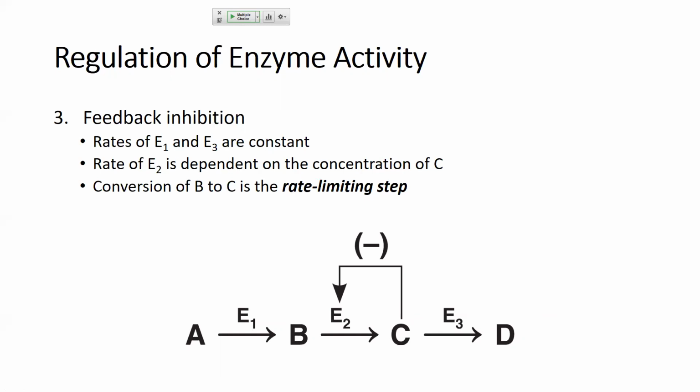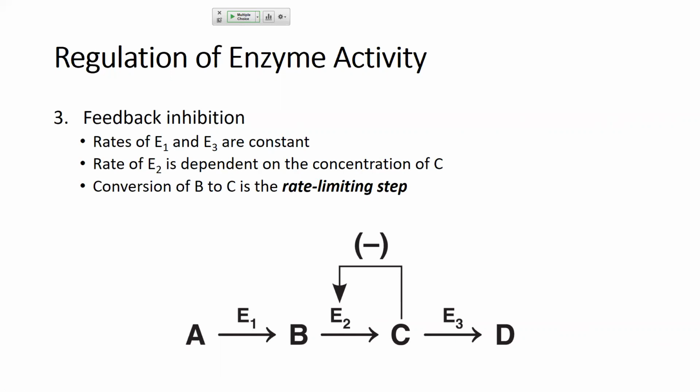Product B will become a substrate for enzyme 2, and that will give us product C. Product C will then become a substrate for enzyme 3, and that will give us finally product D. So the way this reaction is proceeding, we have 3 enzymes and 4 substrates and products.